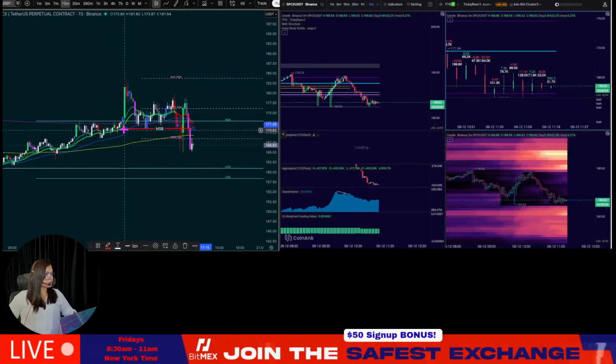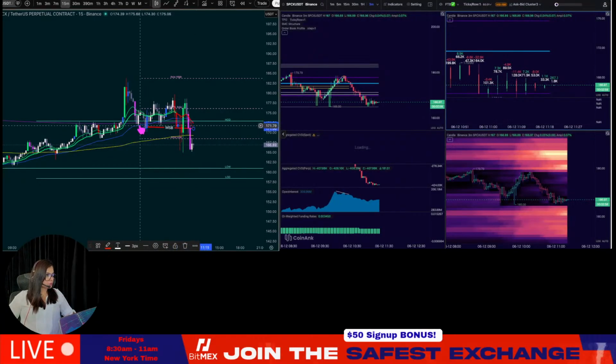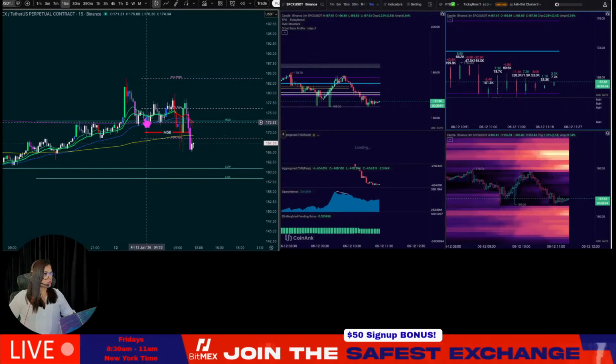That's a clear market structure break. Sometimes we can draw our market structure break from the body of the candle, and sometimes from the wick of the candle. I like to draw it from the wick because then you have more of a confirmation.